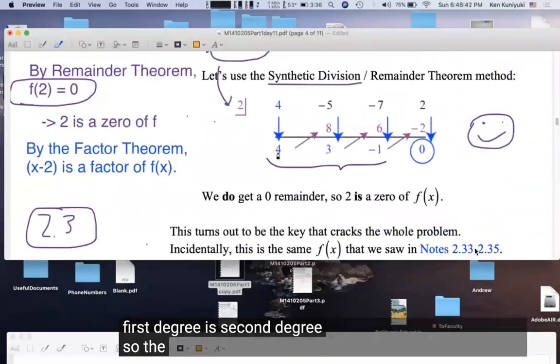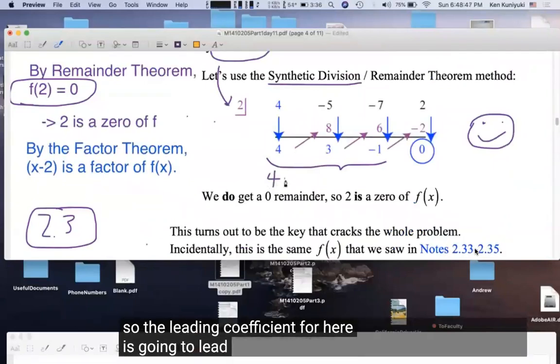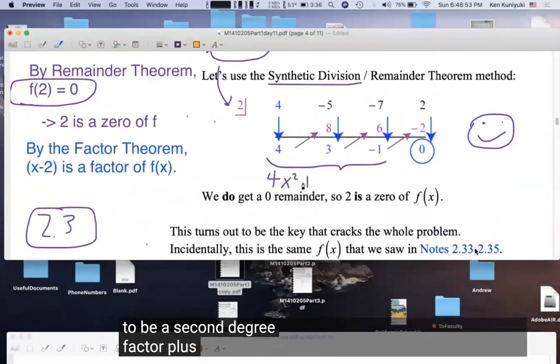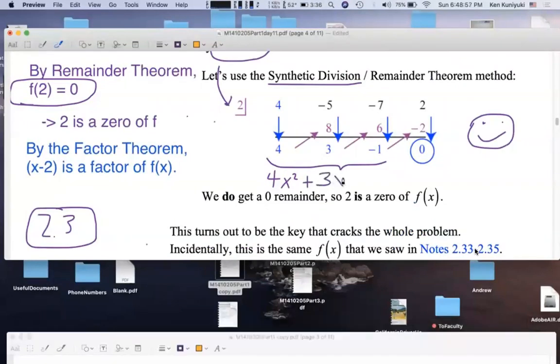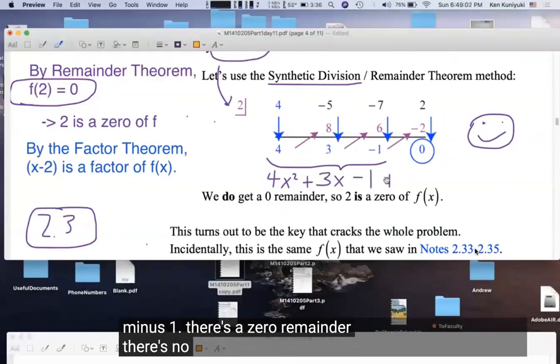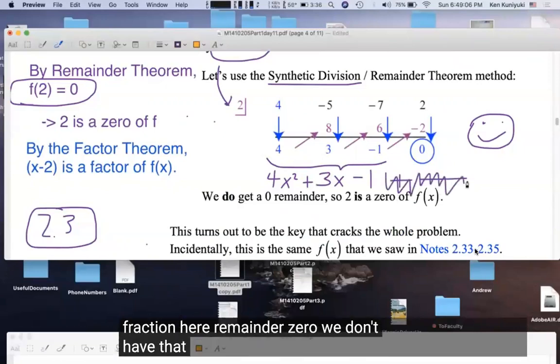So the leading coefficient 4 here is going to lead to 4x squared, which is going to be a second degree factor. Plus 3x minus 1. There's a zero remainder. There's no fraction. Remember, we used to have a fraction here. Remainder 0, we don't have that.